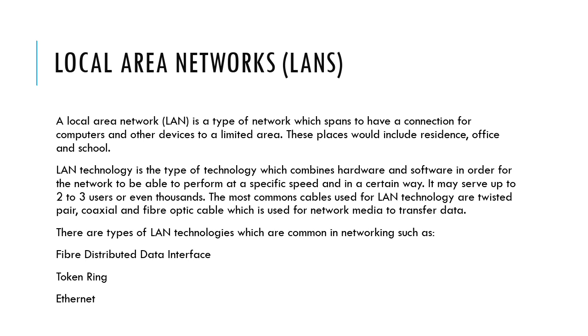And the most common cables are the twisted pair, the coaxial and fiber optic cable, which are used as network media to transfer data. These types of LAN technologies are common in networks such as fiber distributed data interface, token ring, and Ethernet.